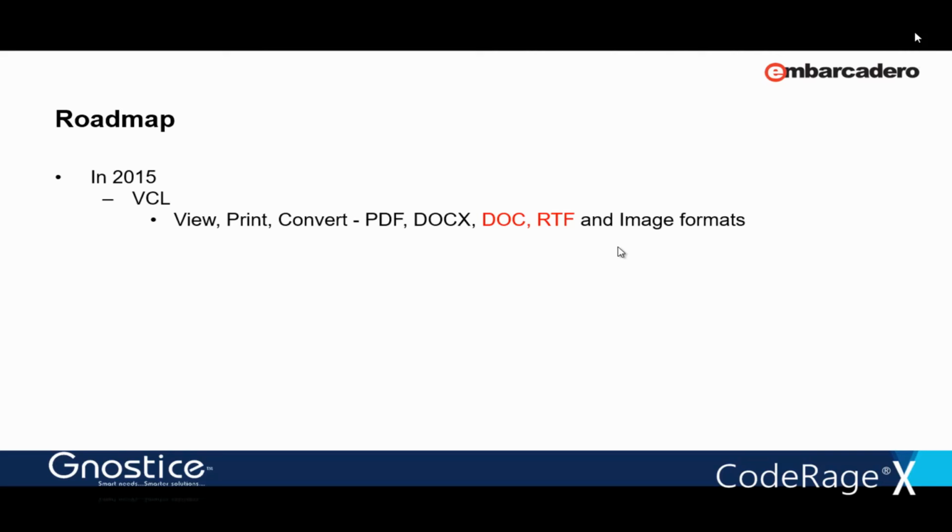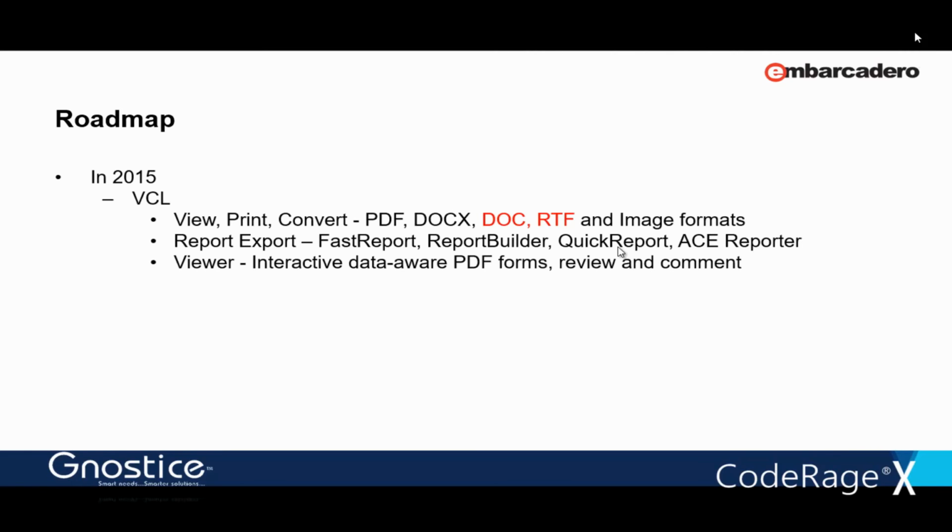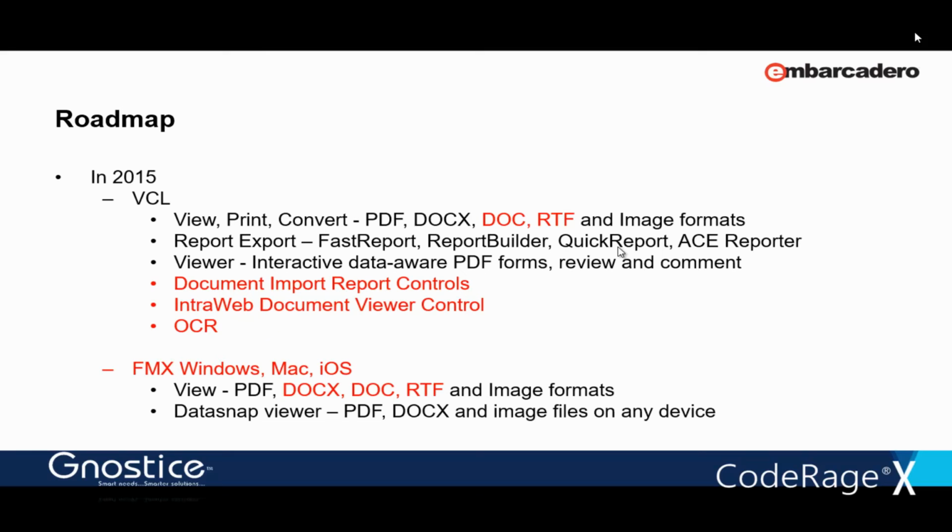Report export is already available, and the interactivity features in the viewer are also available. And the other feature we saw here is of rendering documents onto reports, then the intraweb document viewer, and the OCR capability. All of that will be available in the next few weeks.